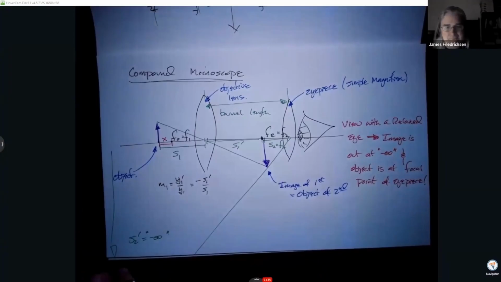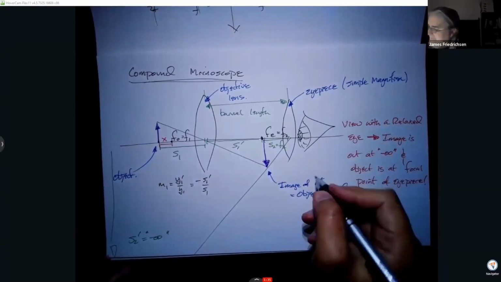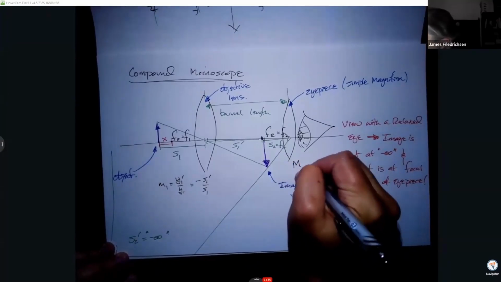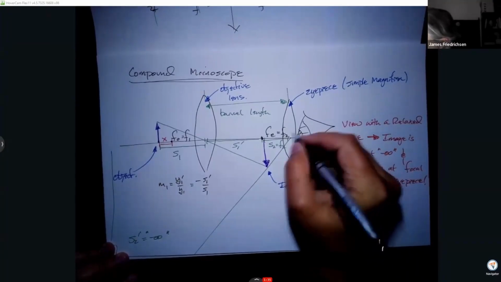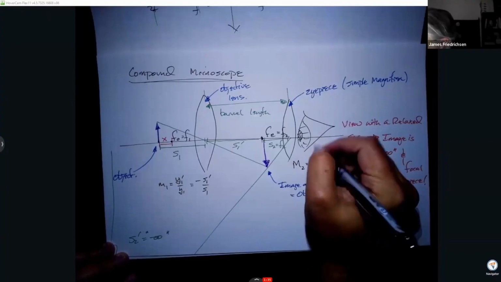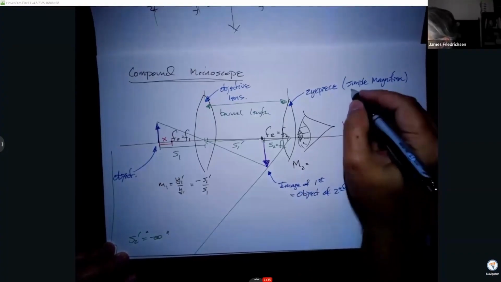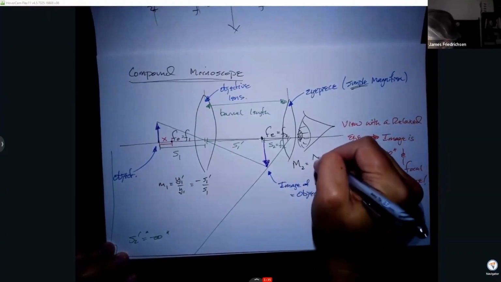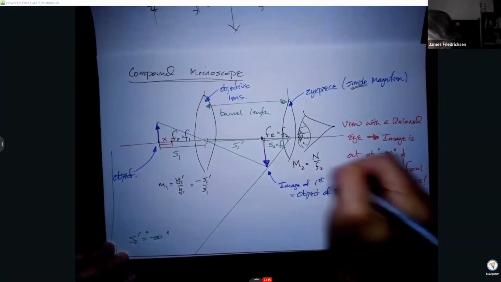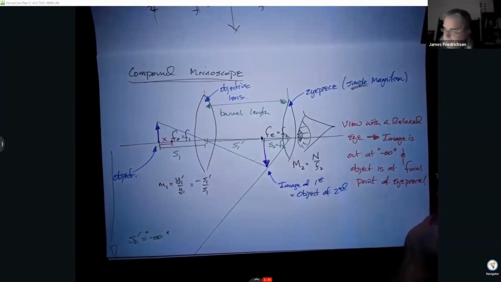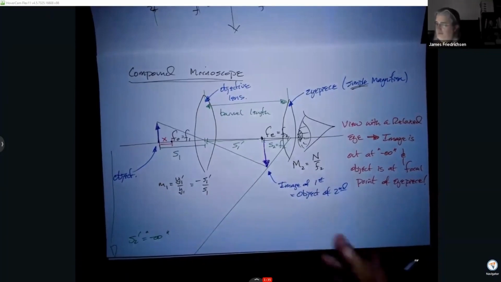And then if we look at the magnification of the eyepiece, since it's a simple magnifier, it's the near point over the focal length of the second lens. And then we can get the total magnification.